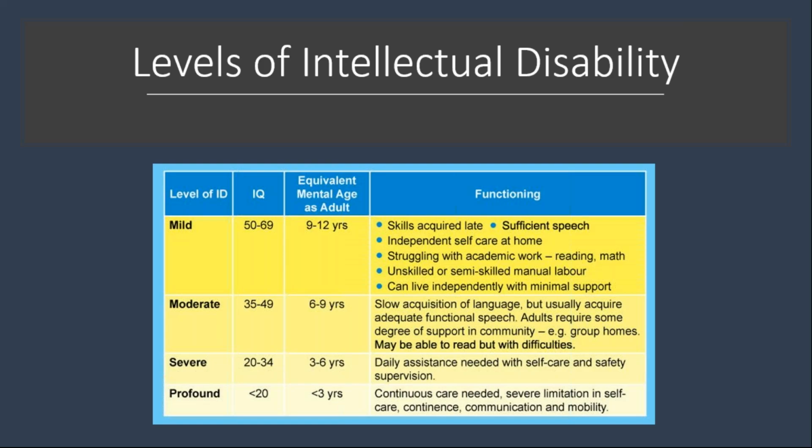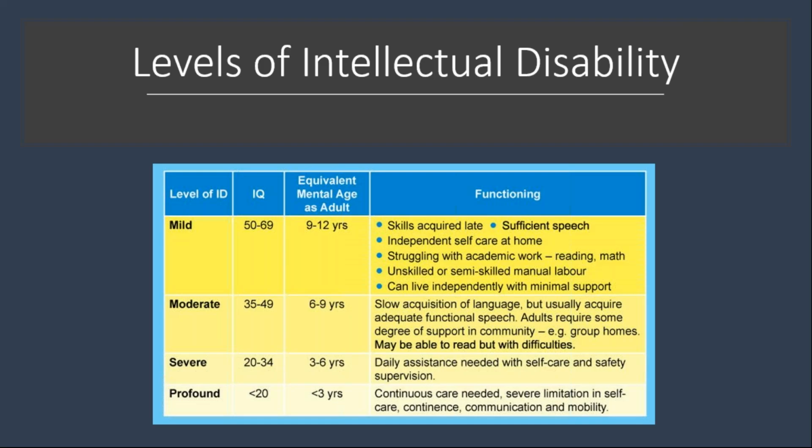The next level would be what we call a moderate intellectual disability. And an individual with a moderate intellectual disability may be slower at their acquisition of language. They're typically, as adults, going to require more support in the community.